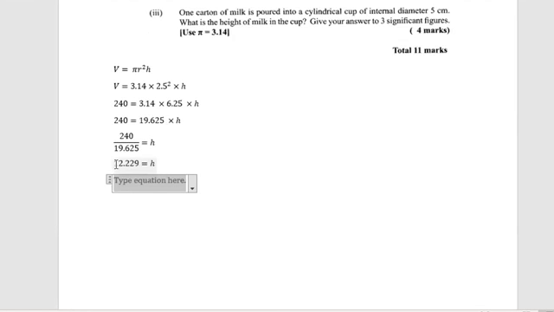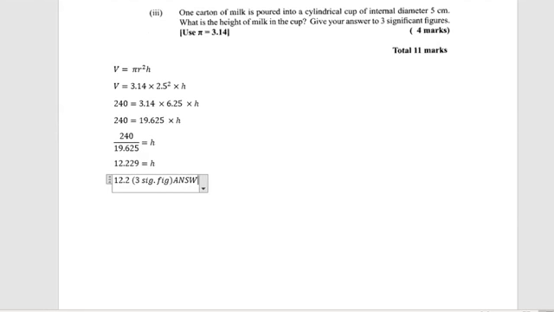So 1 is our first significant figure, 2 is our second significant figure, and this other 2 behind the decimal point is our third significant figure. So my answer will be 12.2, and this is 3 significant figures. And this is my answer.